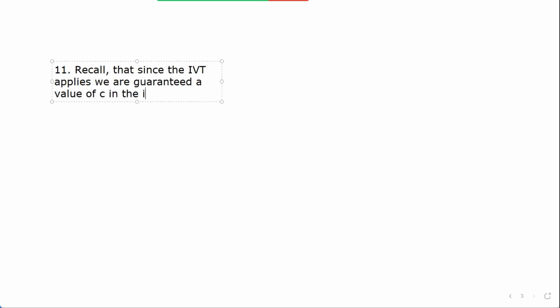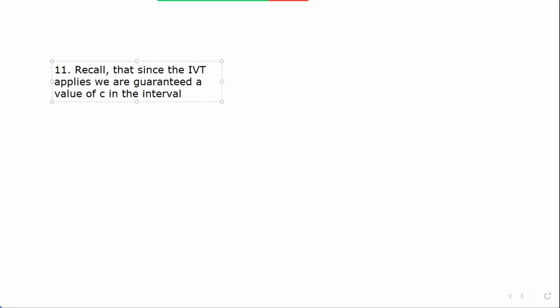so recall that since the IVT applies, we are guaranteed a value of c in the interval from 0 to 2, because that's what we tested.